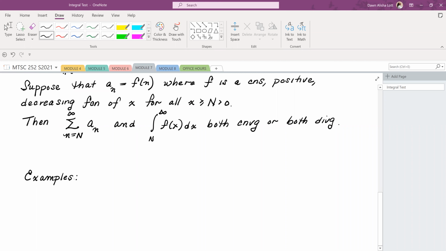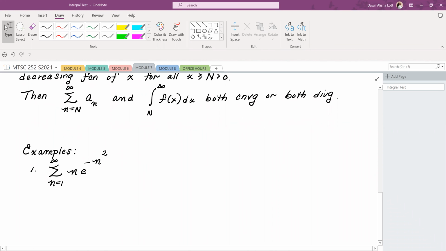Okay, so let's look at the sum n equals 1 to infinity of n e to the minus n squared. This is my series.